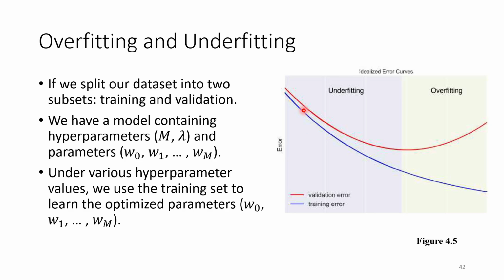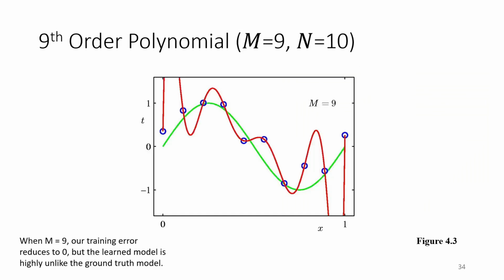And if we set a large M number, it means our model becomes more complicated and there will be more weights we can adjust. If we only have 10 points and the order of the polynomial is 9, it means we have 10 parameters too.